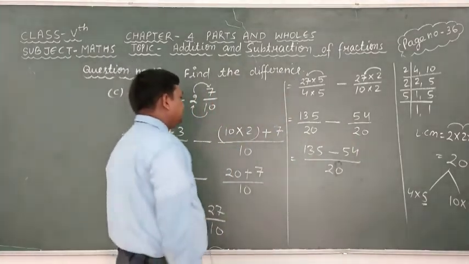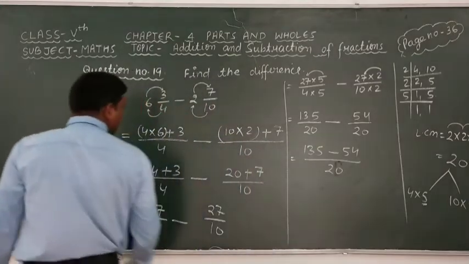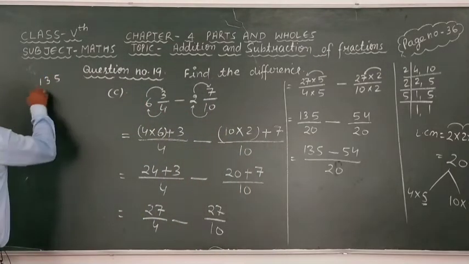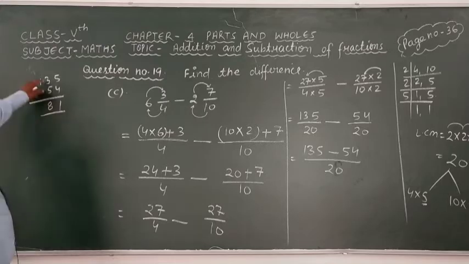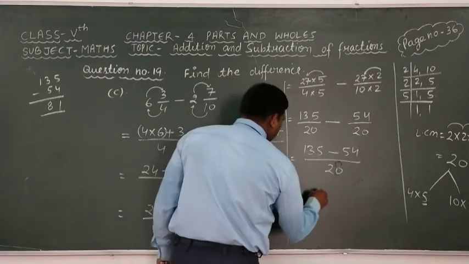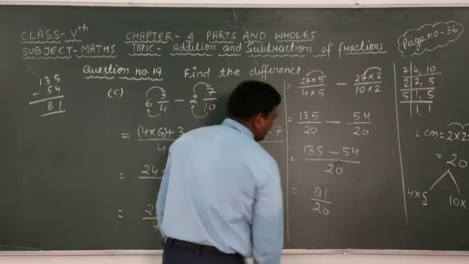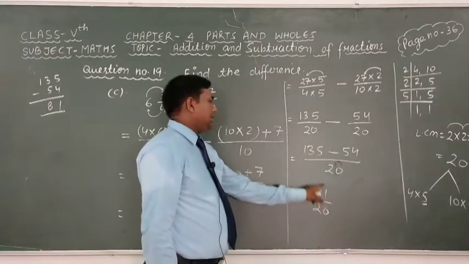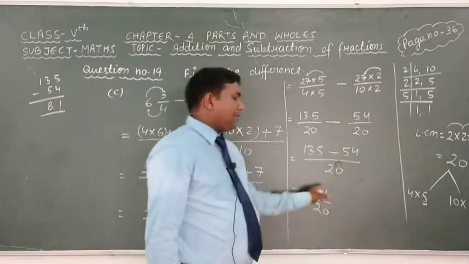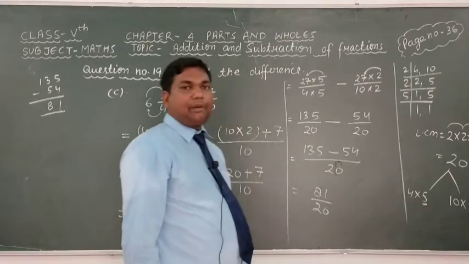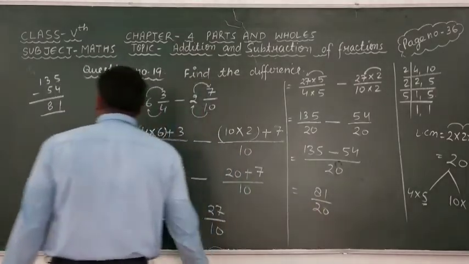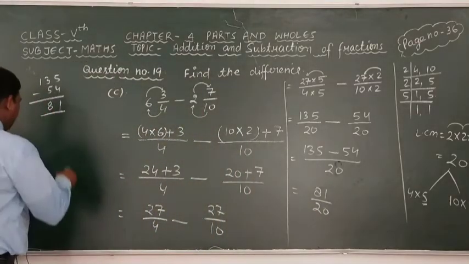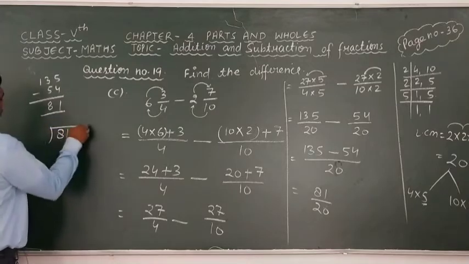Clear? Okay, after subtracting these we get, look at here carefully, 135 minus 54, 5 minus 4 is 1, 13 minus 5 is 8. It means that after subtracting these we get 81 over 20. Dear students, this is an improper fraction, therefore we have to change this improper fraction into a mixed fraction by taking the division of 81 by 20.